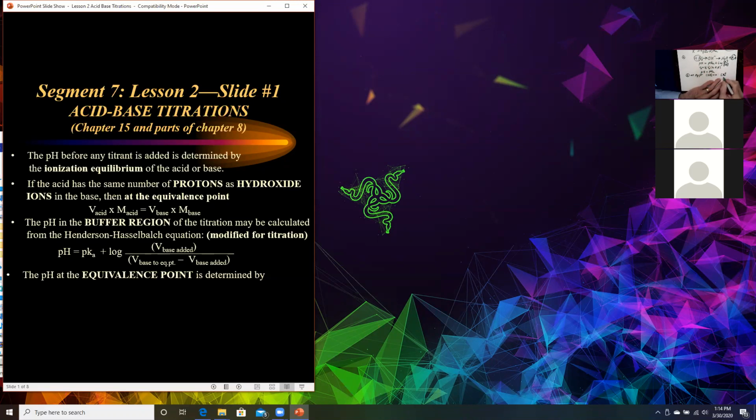So the concentration of the A minus is going to be the volume of the acid that you started out with divided by the volume of the acid plus the volume of the base to get to the equivalence point. This is the new volume. So this is a dilution problem. You take a concentration in that many moles of that concentration and you dilute it to this new volume.